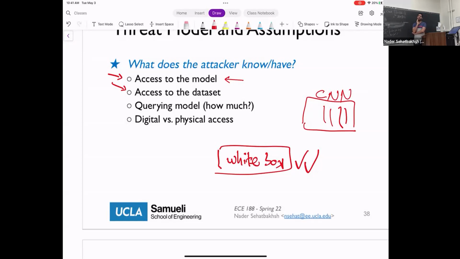The second thing is that access to the data set means the adversary can train a replica of the model. If we know the structure of the system and we know the data set, we can use them to start training ourselves.